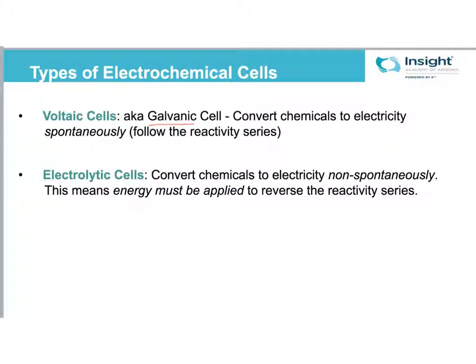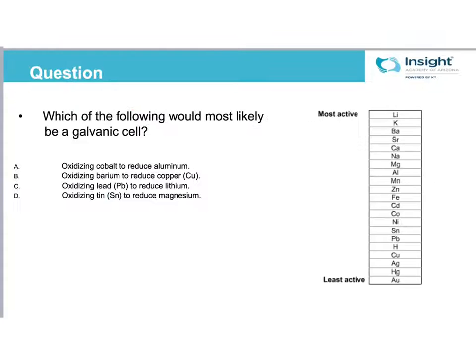So voltaic cells follow the reactivity series. Those occur spontaneously. Electrolytic cells require energy to reverse that reactivity series. So again, good terms to write down. We'll get into the details behind these more as we continue through this unit.